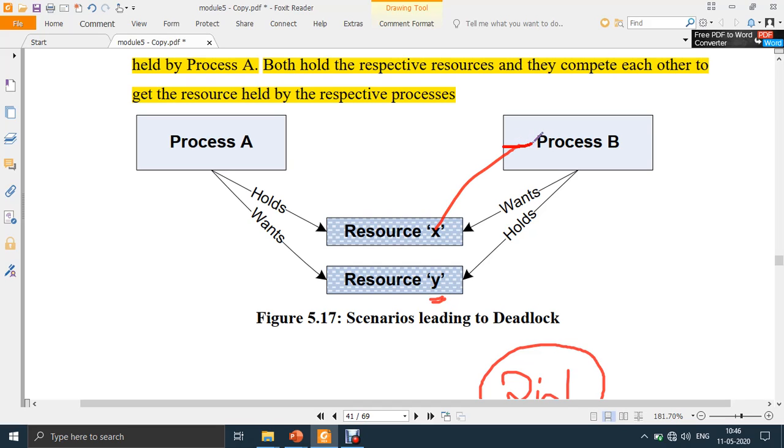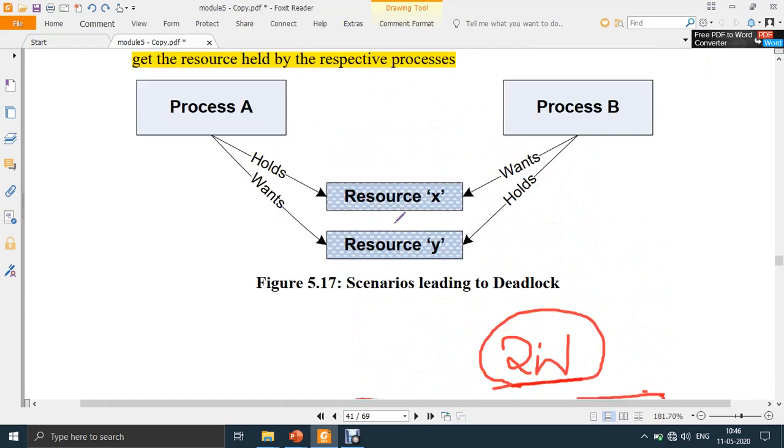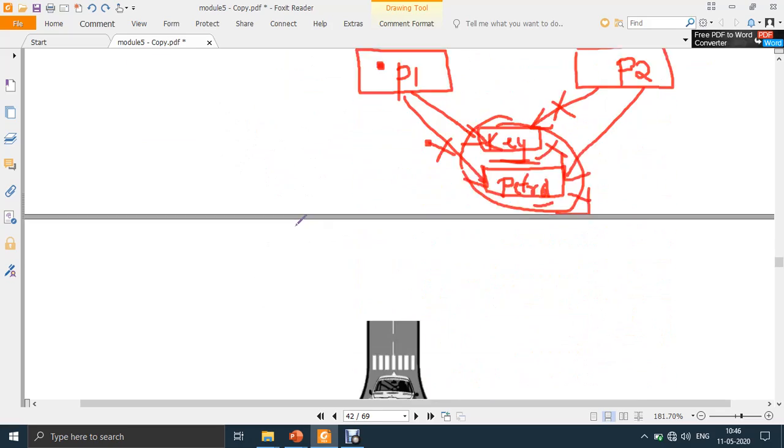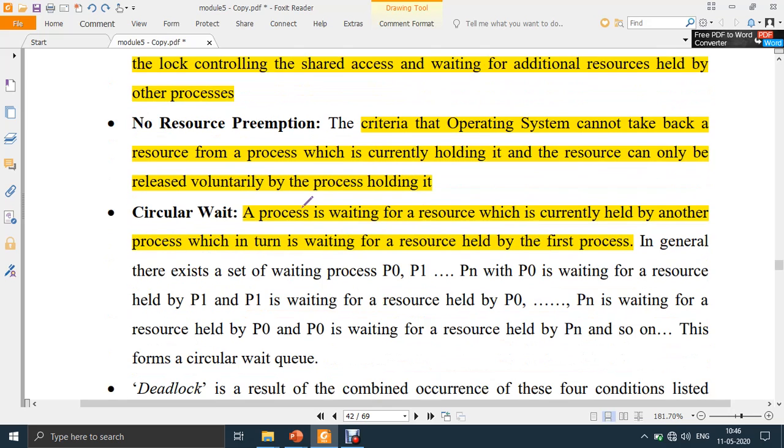So X could have been given to process B, so that process B will get X as well as Y and it can continue its operation. This is possible only if the OS has the permission to take away the resource from a process forcefully whenever it wants. If this is not allowed, it will help to form the deadlock.